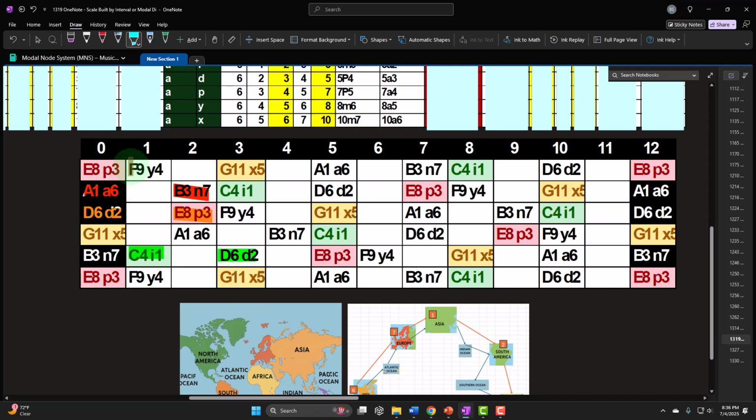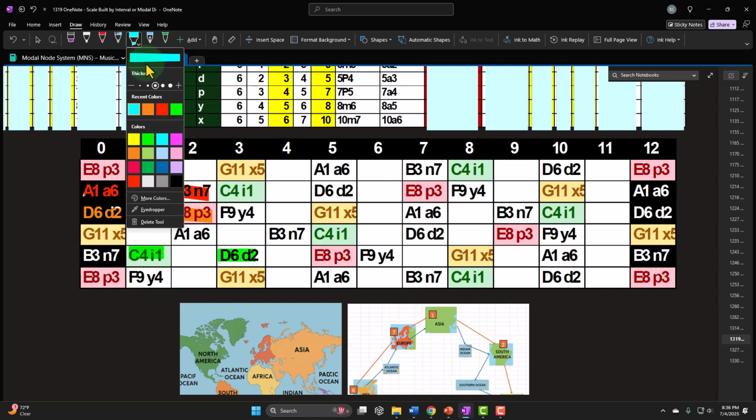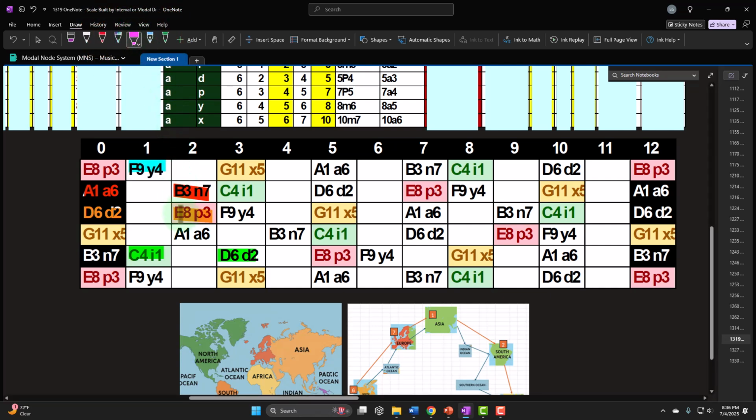So let's go from this Phrygian, okay? And then we also have the Locrian. I need the Locrian. The Locrian is going to be the crazy pink. Will that work? I'll go with the crazy pink on the Locrian. And so I could go from here, but I already have that one. So I have to go from here, which means that's going to get messed up.